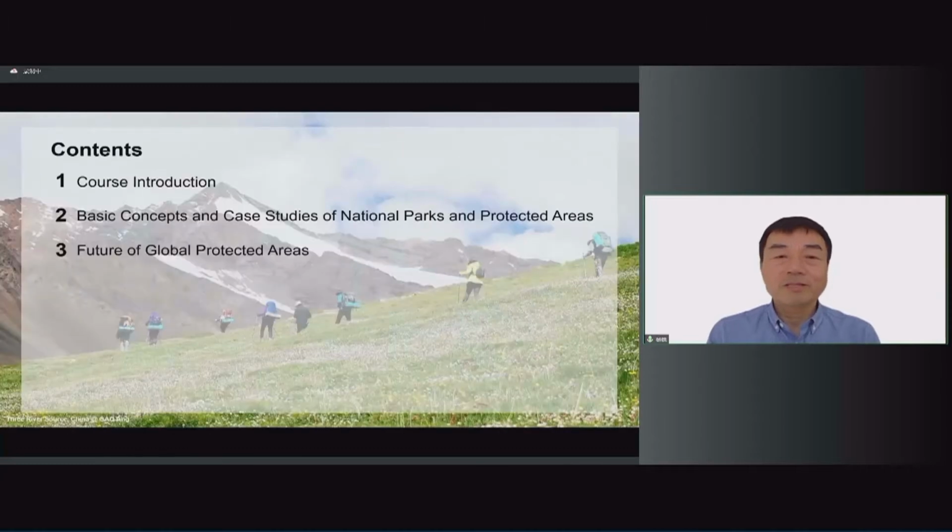In this lecture, we will introduce the course, and also the second part is the basic concept of case studies of national parks and protected areas. And the third part is the future of global protected areas. I will teach the first part, then the second and third one will be taught by my colleague, Dr. Cao Yue.